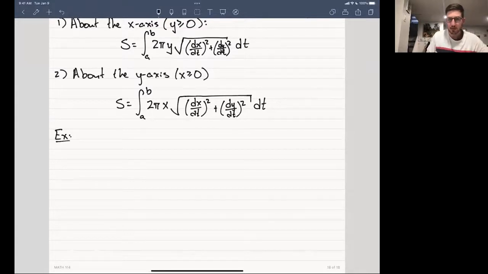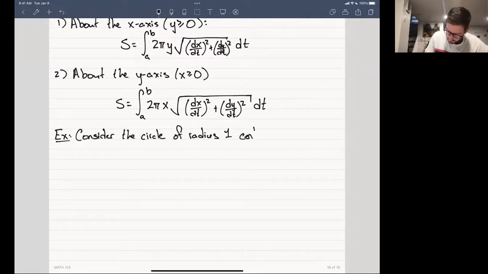Let's consider the circle of radius 1, let's say, centered at 1, 0. Sorry, let's do 0, 1. At 0, 1.